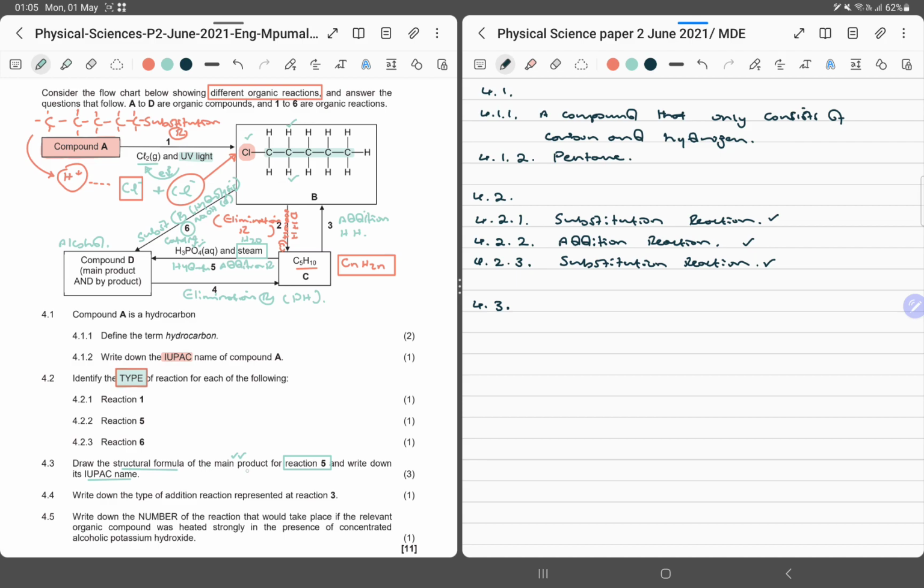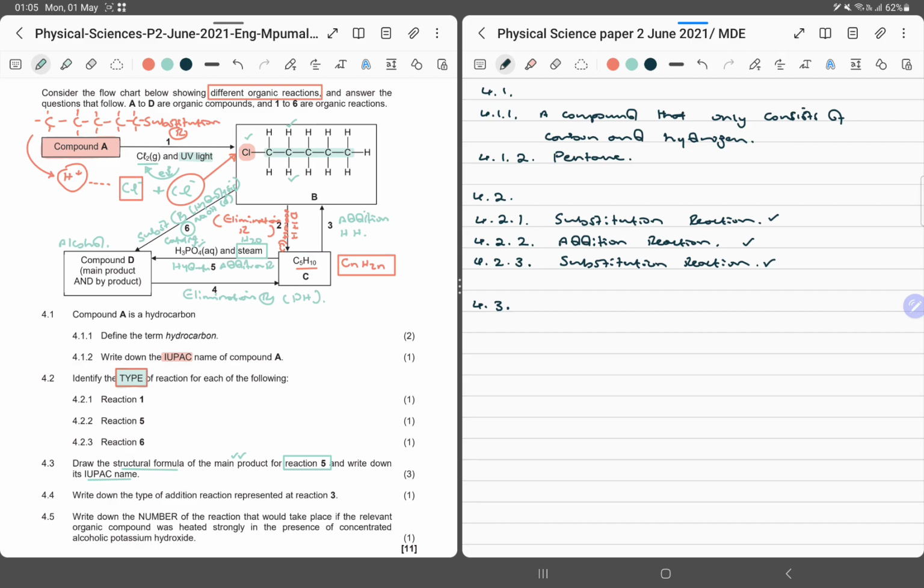So we were trying to get a structural formula of the main product. Remember, this is an addition reaction, so we follow Markovnikov's rule. Now the question is, where will this double bond be on this molecule? The double bond is on the first 2 carbons.